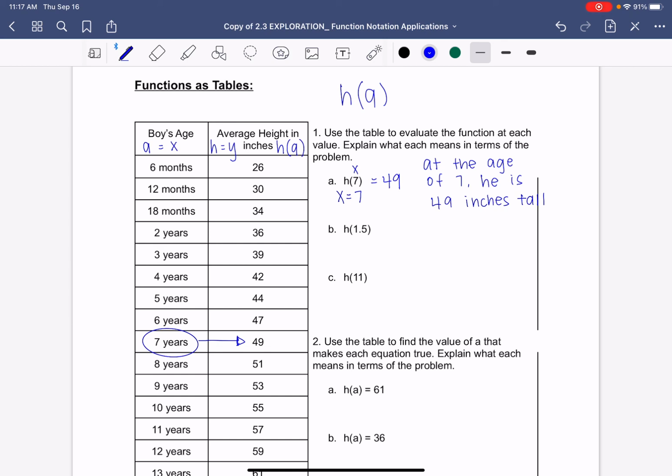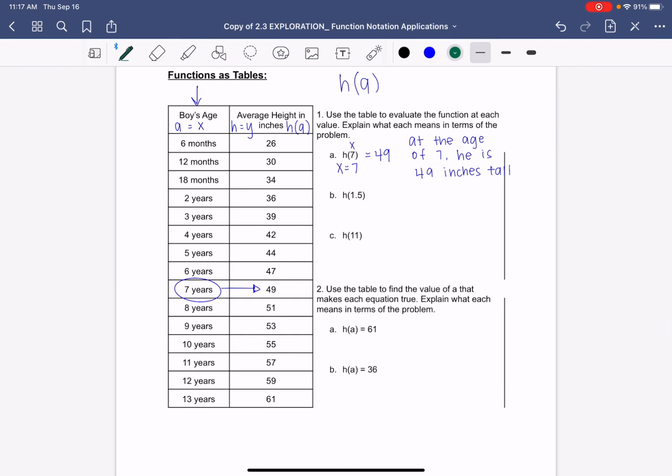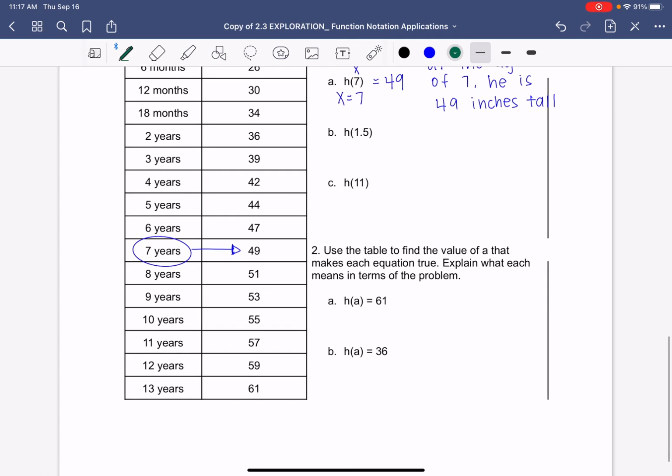Okay, so when it's h of 7, so height at age 7, 7 years old, you're looking in your x column, okay?